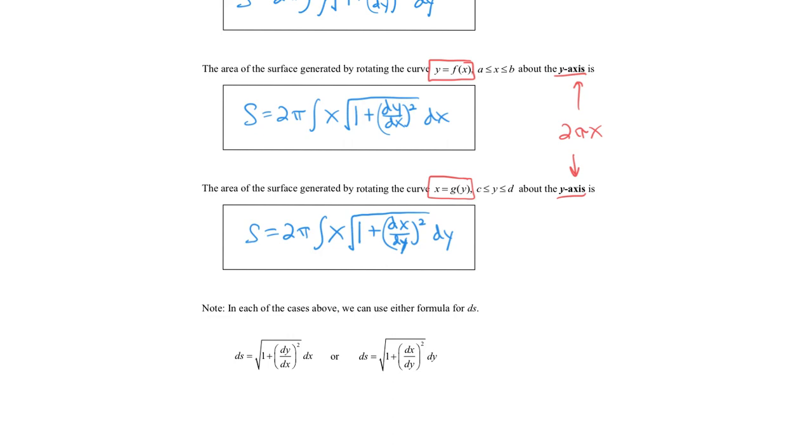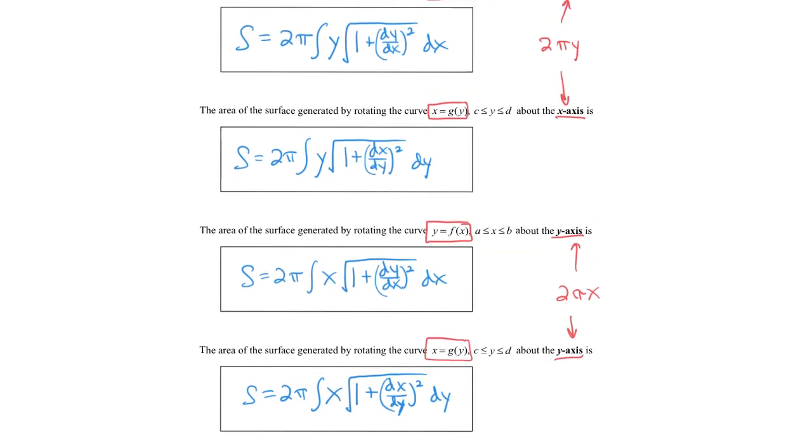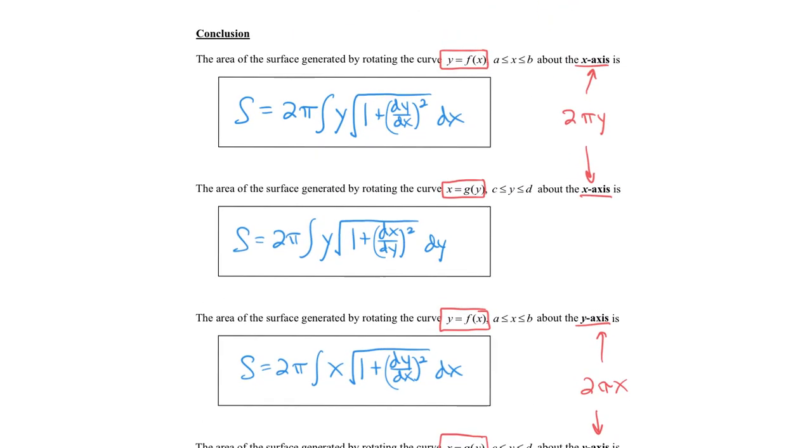One thing I just noticed, you guys probably noticed and were screaming at the screen, is I forgot to mention the values for x or y. In this case, for these limits of integration, x varies between a and b. So this would be between a and b. Now in the next case, y varies between c and d.